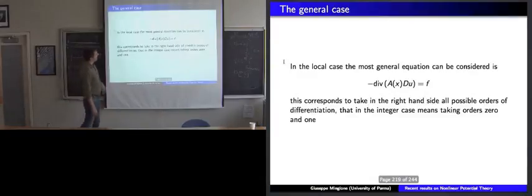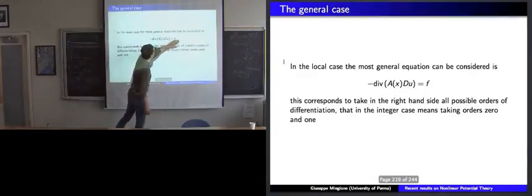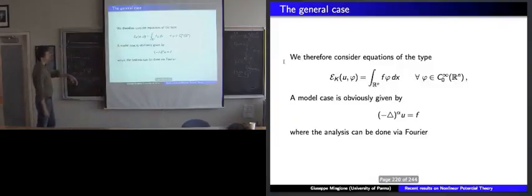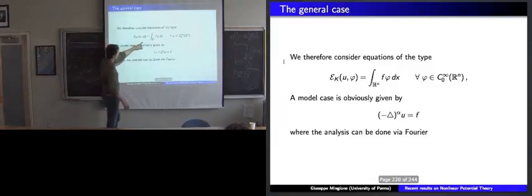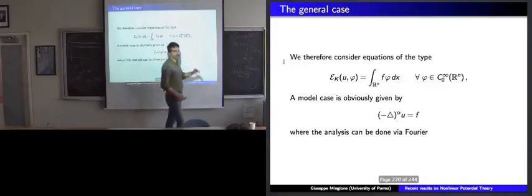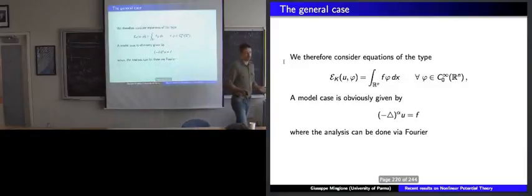Okay, and now let me give you the statement. In the classical case, the most general equation you can consider is this one. Therefore, we can also consider these equations with a right-hand side, and we can easily compute the optimal assumptions on the right-hand side by considering the model case of the fractional Laplacian. In the fractional Laplacian, you can do computations via Fourier transform.